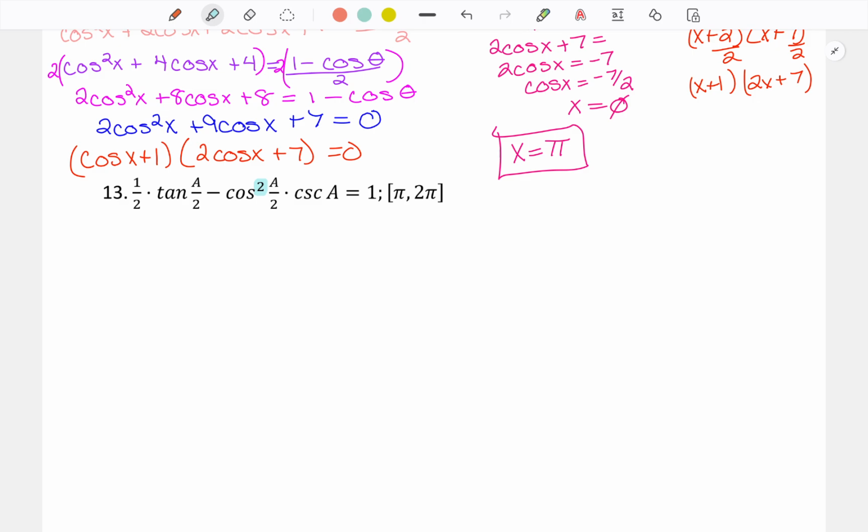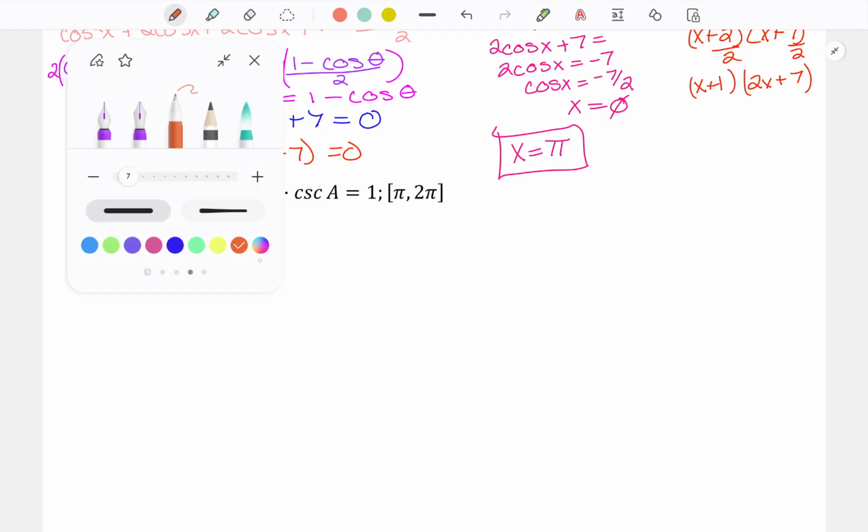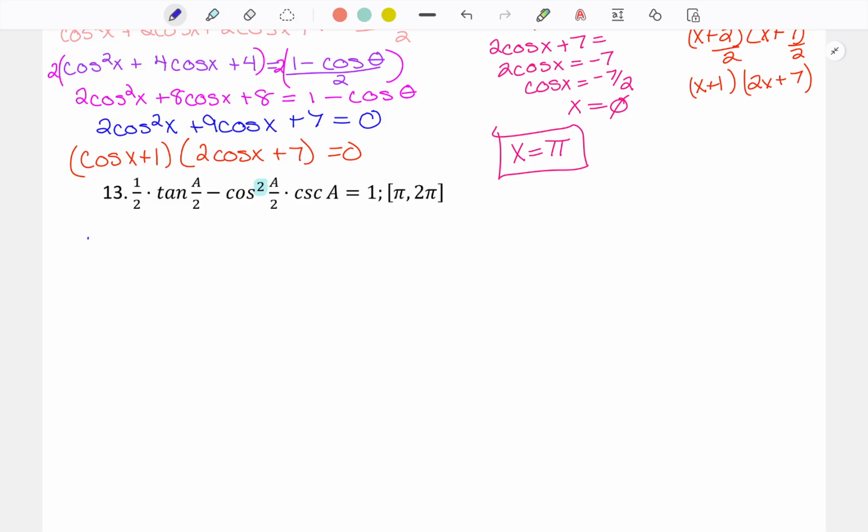And then for tangent, I am going to go ahead and use my 1 minus cosine over sine because I will have a cosine in the numerator with cosine's identity already. So that keeps things similar in the same places. So we will go ahead and keep the 1/2, and that is multiplied times tangent.